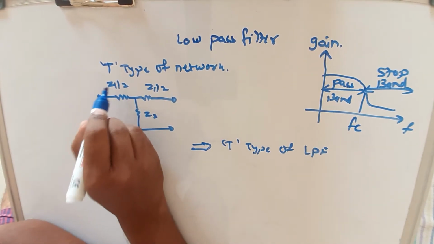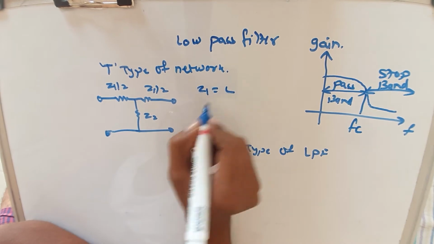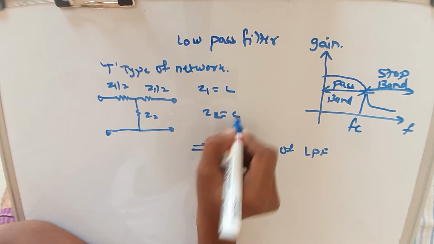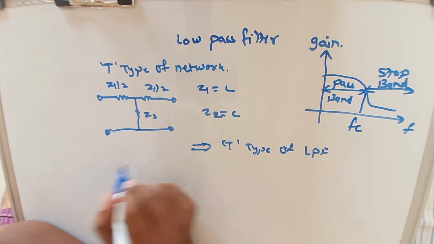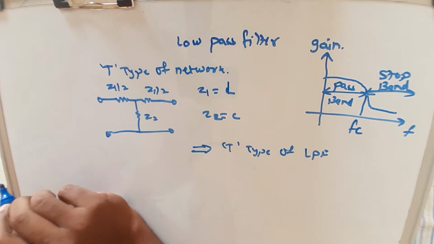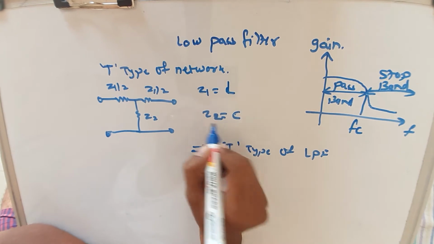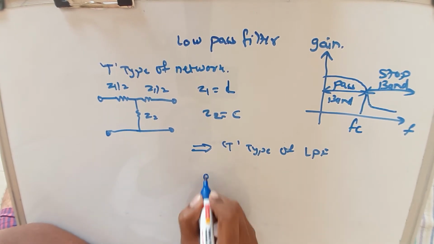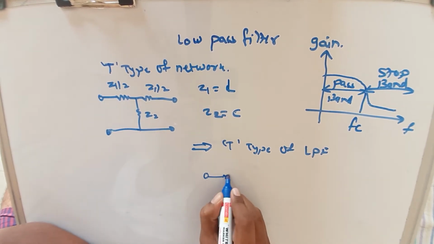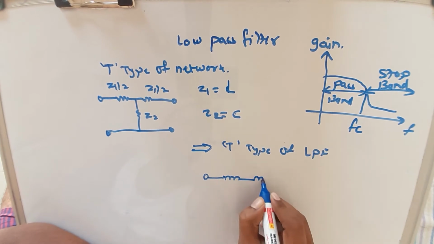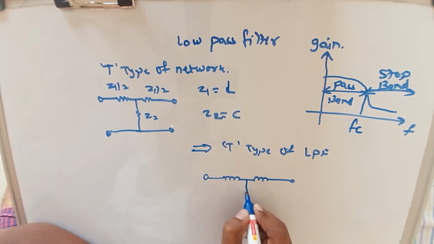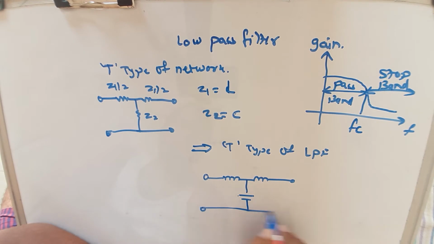So Z1 will be equal to L and Z2 equal to a capacitor. A low pass filter consists of an inductor and a capacitor, where Z1 is the inductor and Z2 is the capacitor. Okay, so we'll draw it. Z1 is the inductor, so we draw the symbol of an inductor, and this is a capacitor.